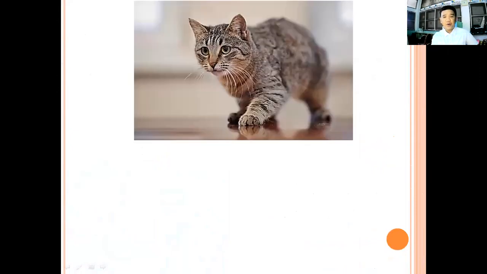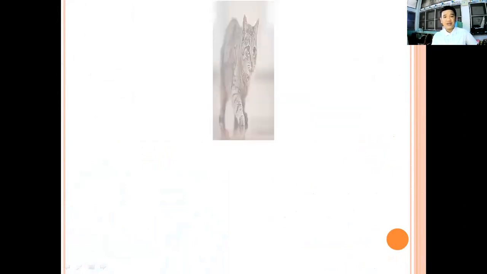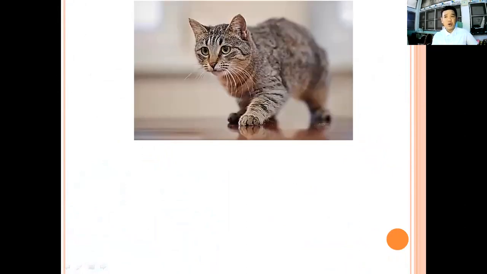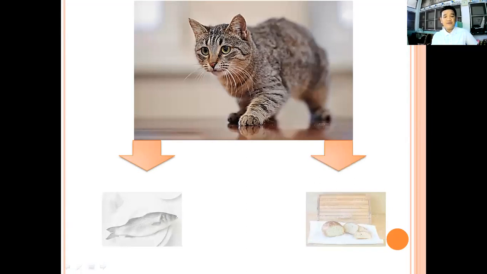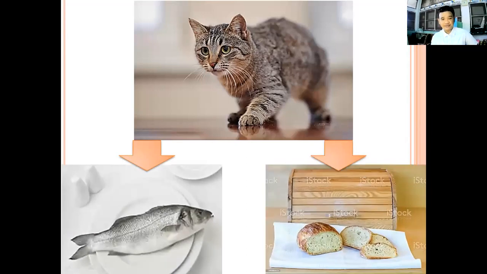And then another one, I have here a cat. You can see that the cat is watching, and the cat was able to see the fish and the bread. Which of the following will the cat eat?